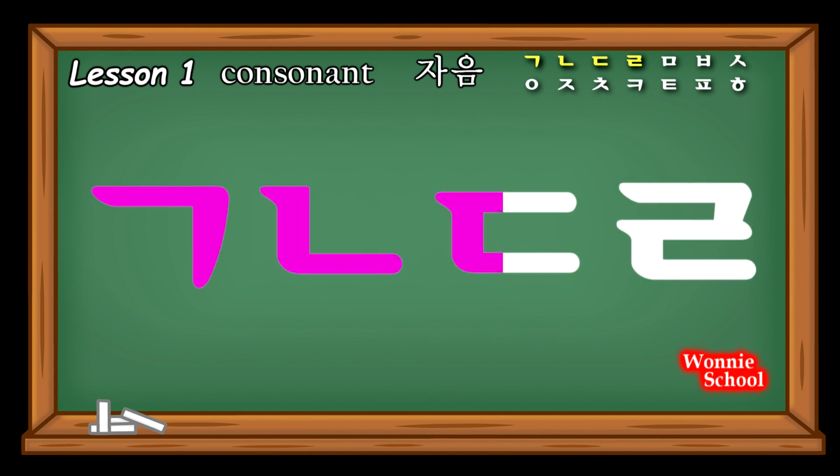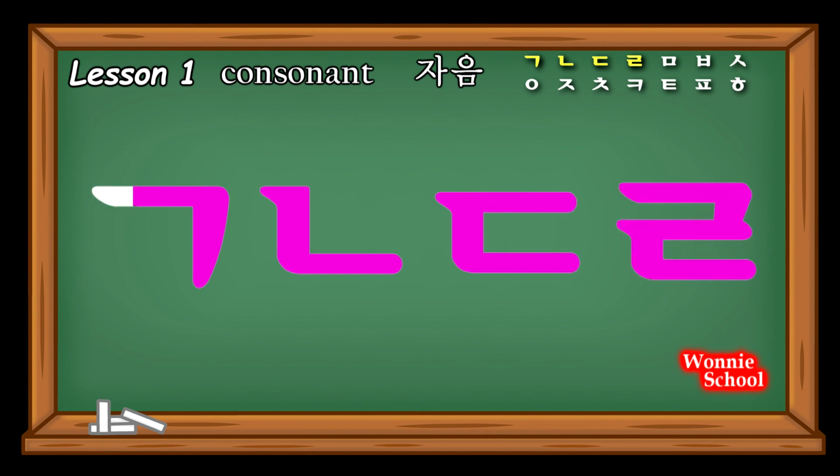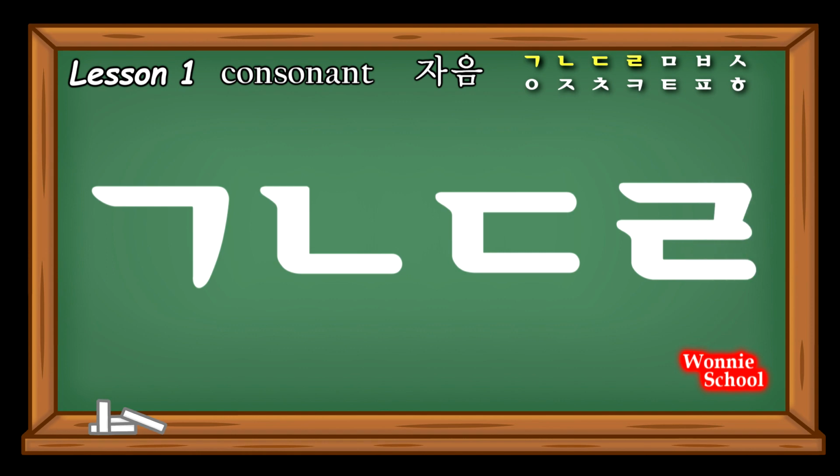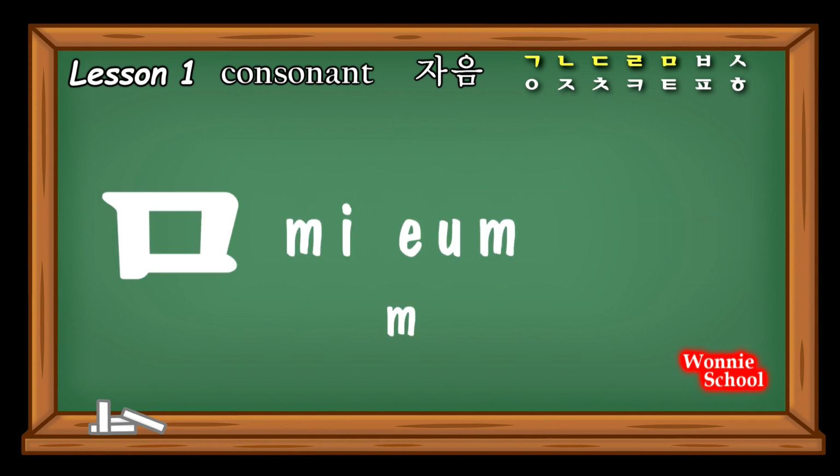Now, you have 4 letters on your notebook, right? And I also can see how nicely you wrote it in a right way on each letter. Alright, the next one is 미음. Please listen and repeat. 미음. This 미음 has M sound. M, m. So it's like the word move.